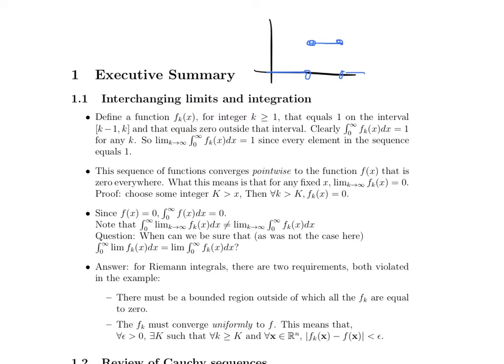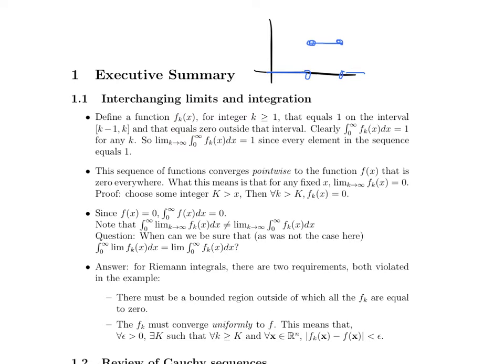Now what's interesting is that this sequence converges pointwise to the function f of x that is 0 everywhere. So it converges pointwise to the 0 function. And what does that mean? That means that if you're looking at a particular x value, a particular input, the limit as k goes to infinity of f sub k of x equals 0.